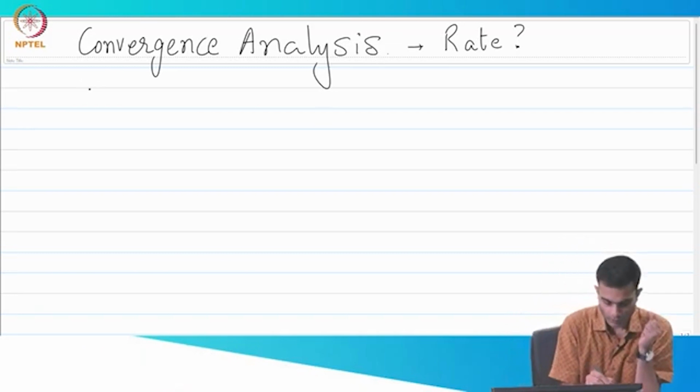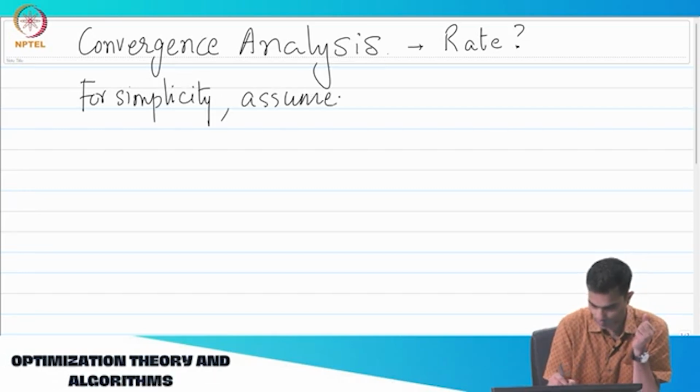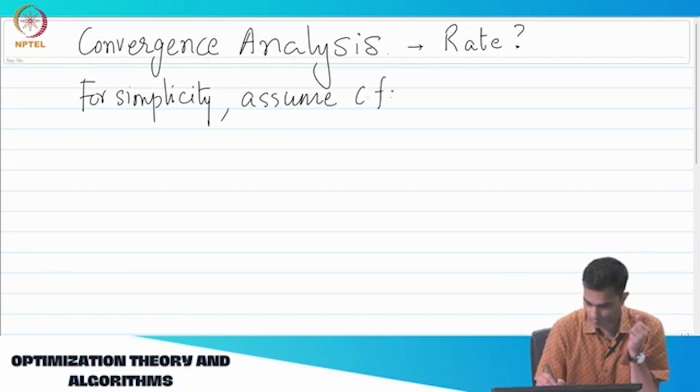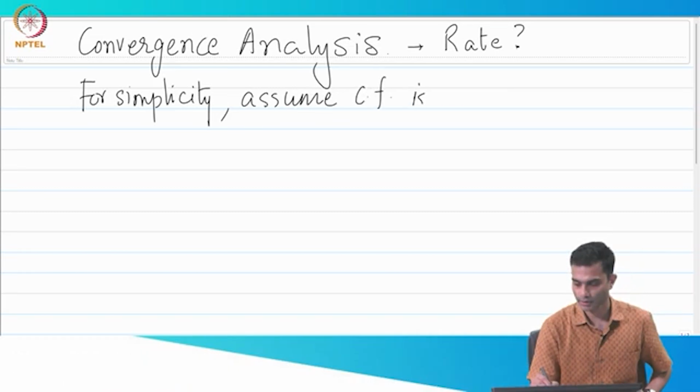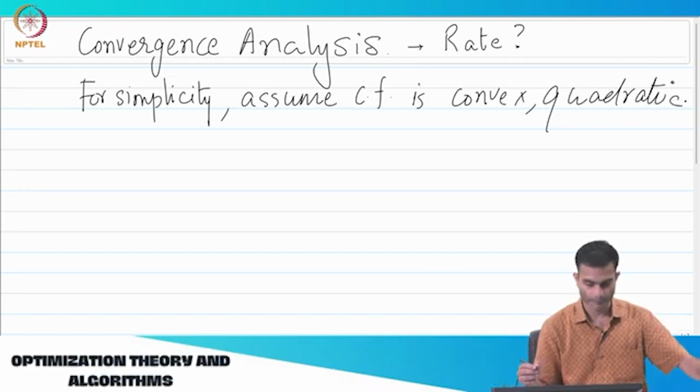So for simplicity, the cost function is convex and quadratic.